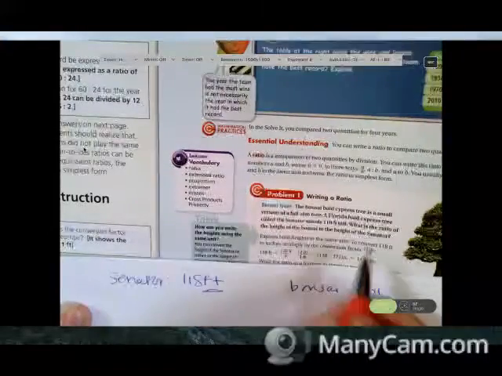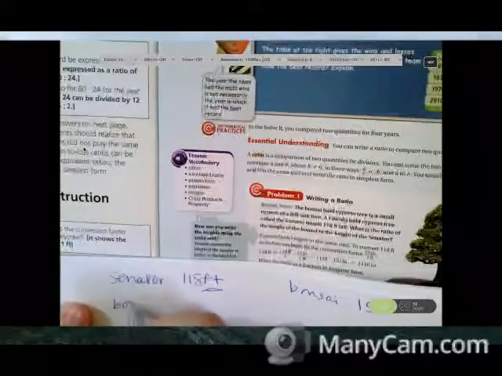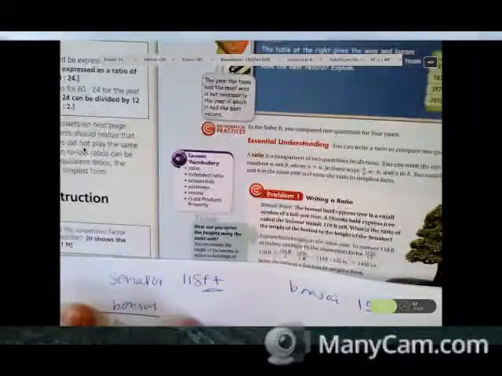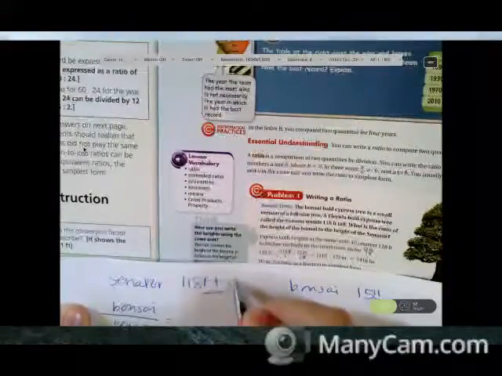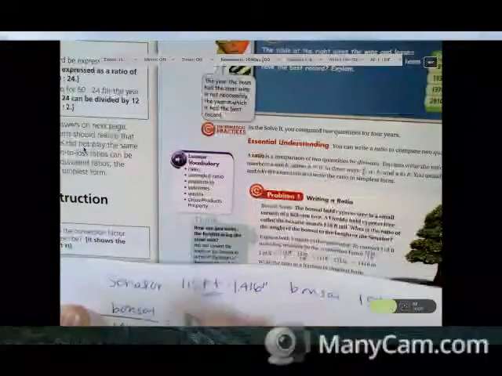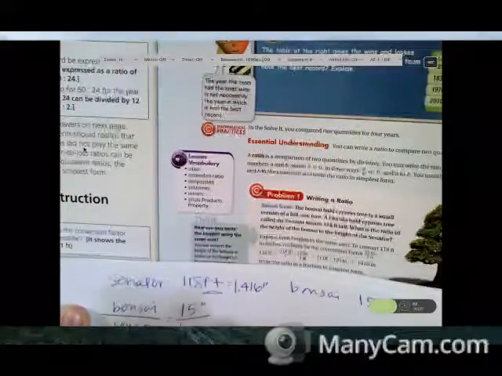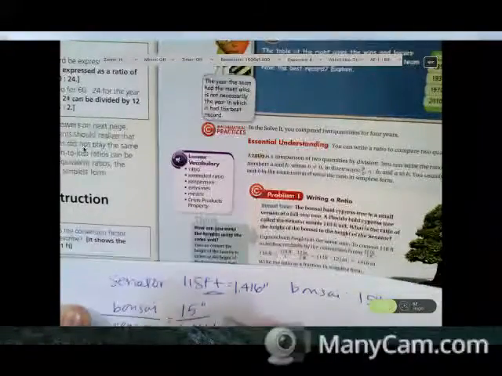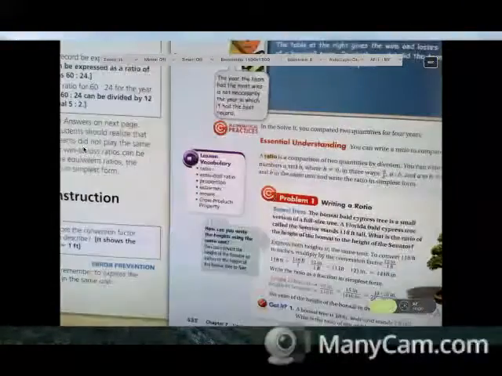So we want to know the ratio of the bonsai to the Senator. If 118 feet is 1,416 inches, and the bonsai is 15 inches, then it's 15 over 1,416, and that is going to equal 5 over 472.